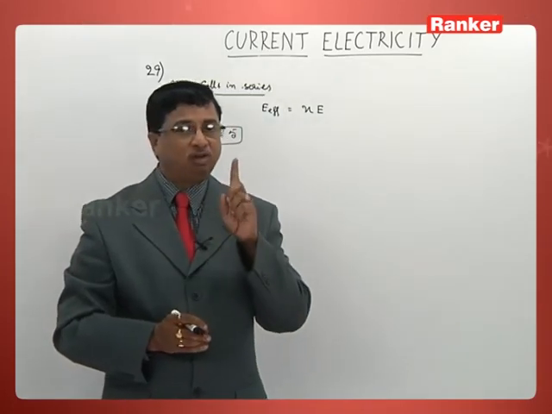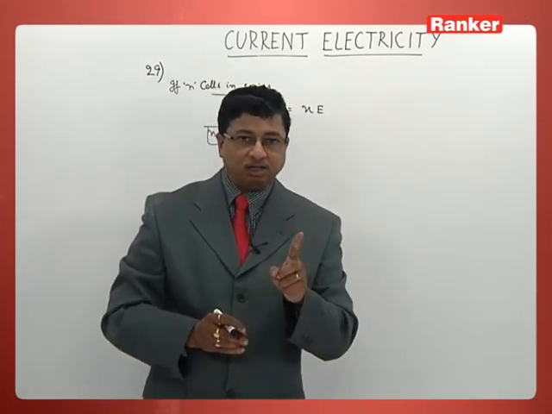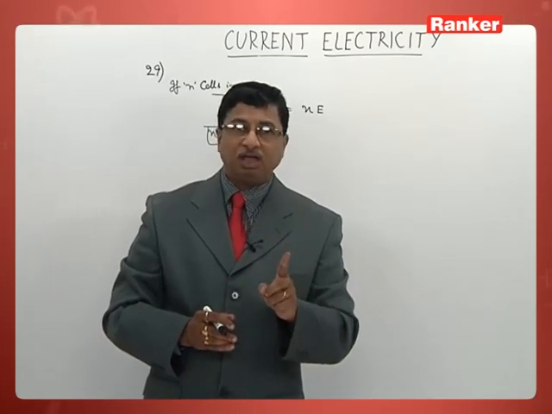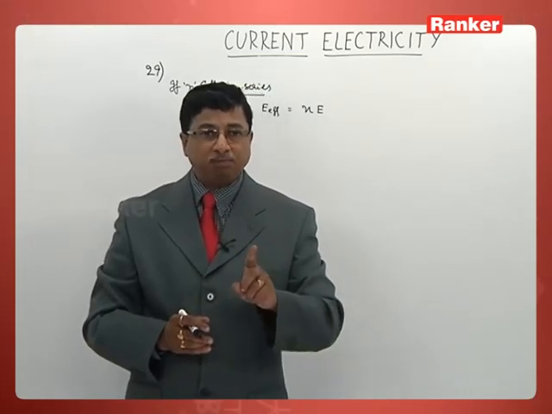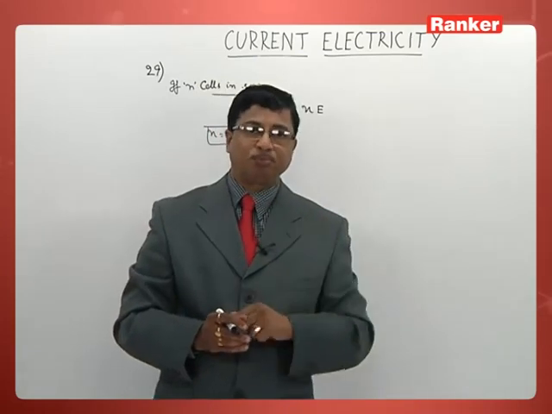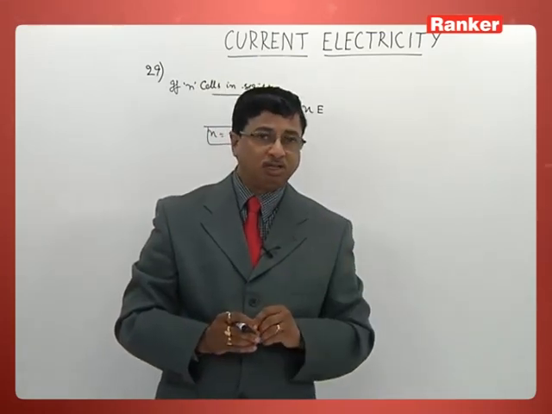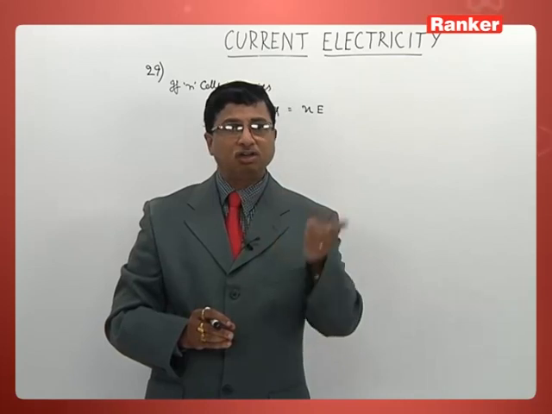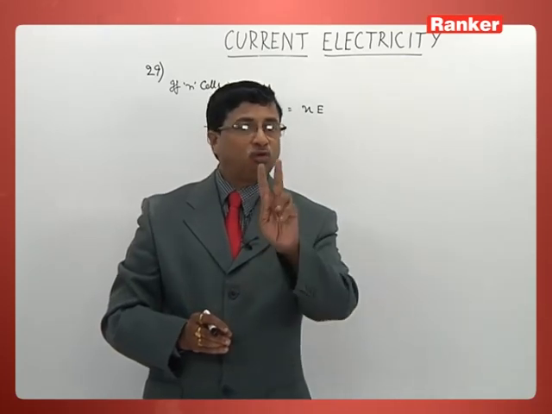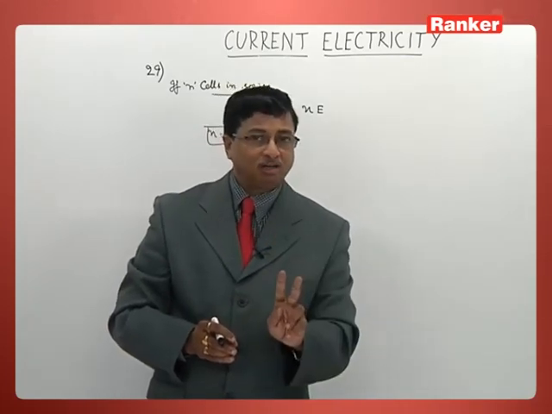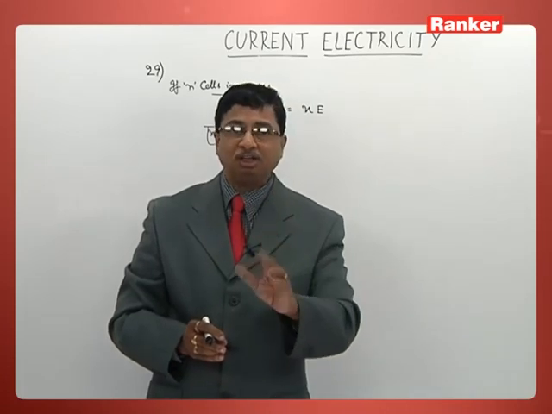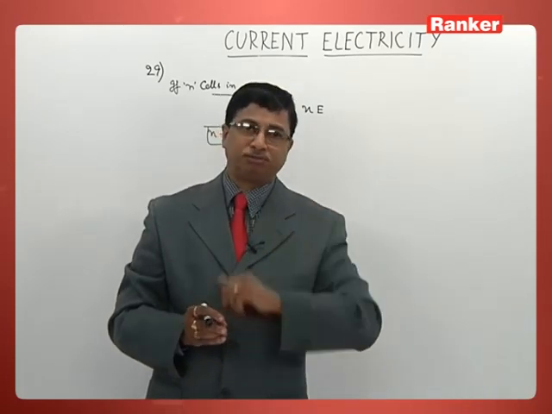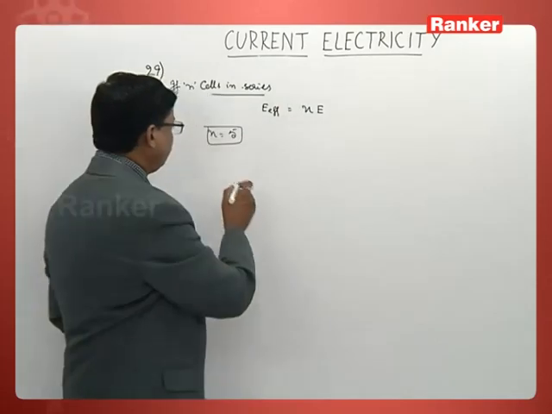When one cell is wrongly connected, that cell cancels the EMF of another cell also. So what happens ultimately? When one cell is wrongly connected, 2 cells in all will now be cancelled in terms of EMF. So what we should understand?